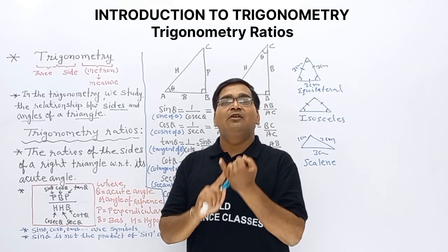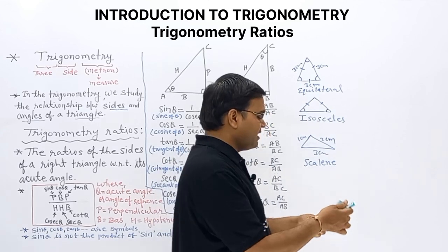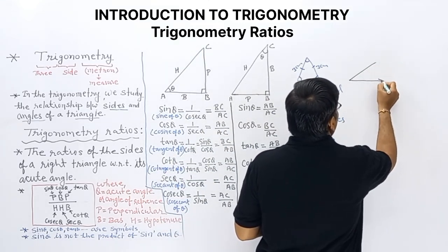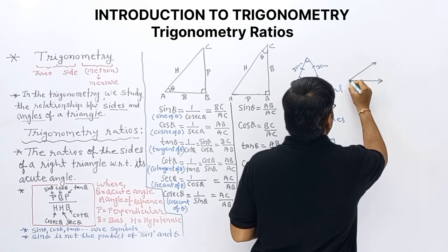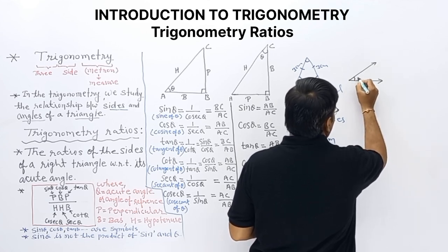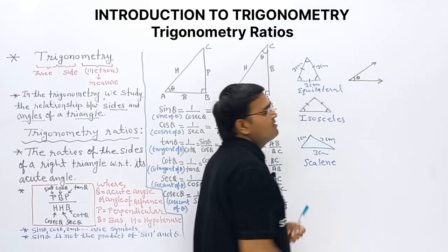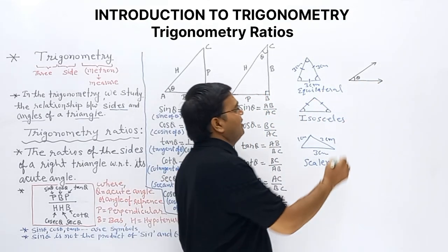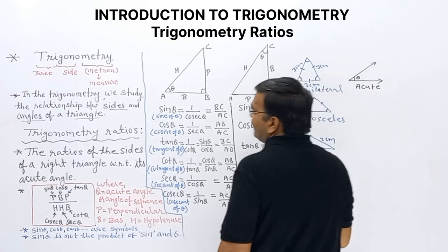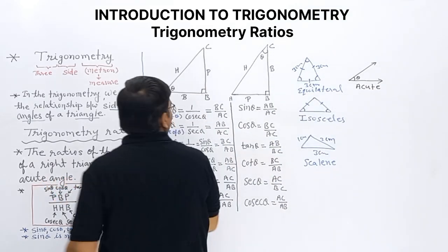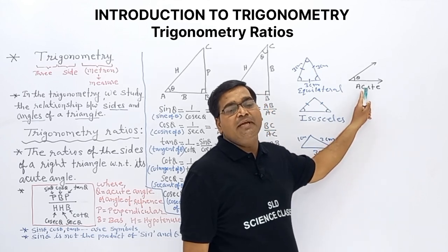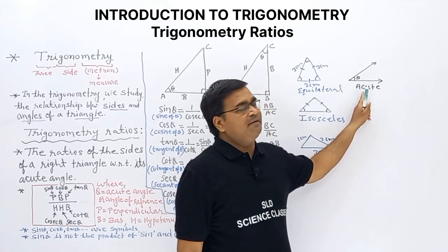Number one, acute angle. Observe carefully. Two rays start from this point, and this angle is an acute angle. It is an angle below 90.